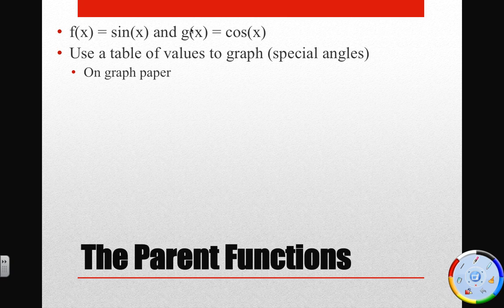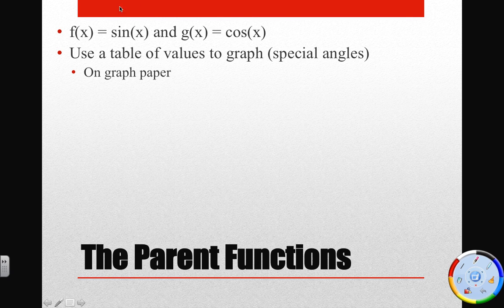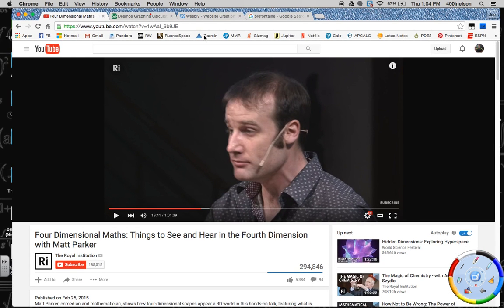What we're going to do is use a table of values to graph the sine of x or the cosine of x. And I am going to do this on a computer program called Desmos.com. If you don't know about Desmos, I'll show you what it looks like here.